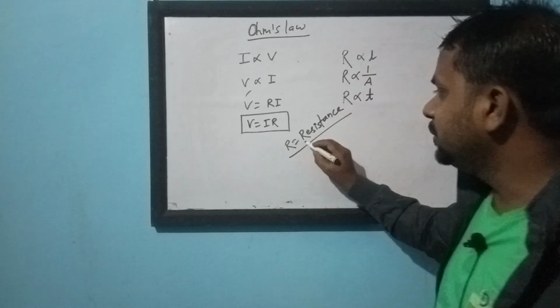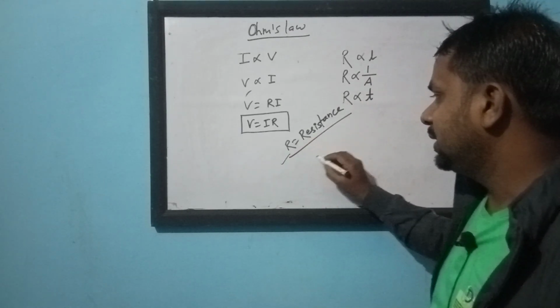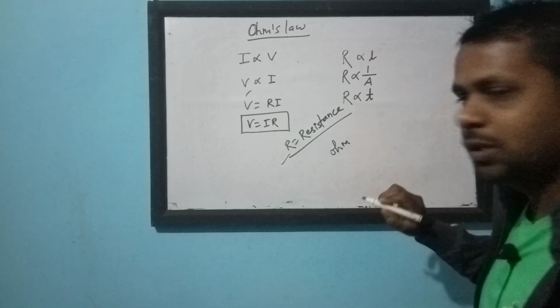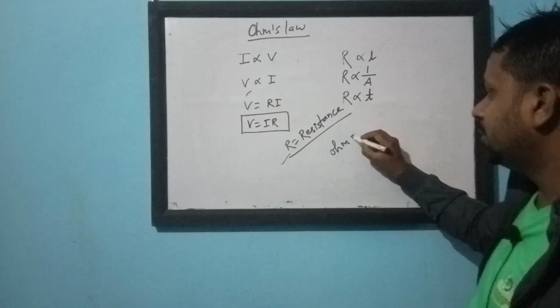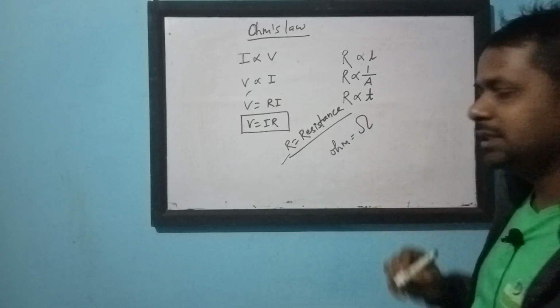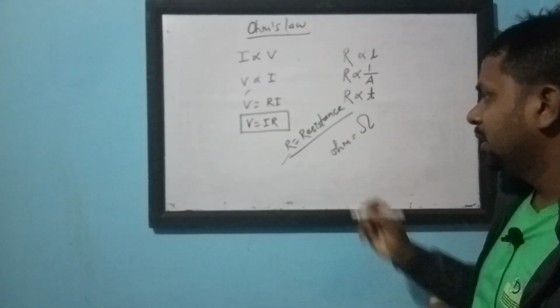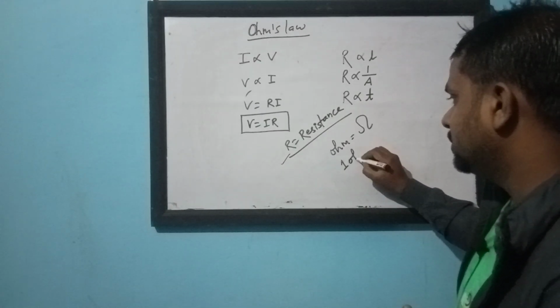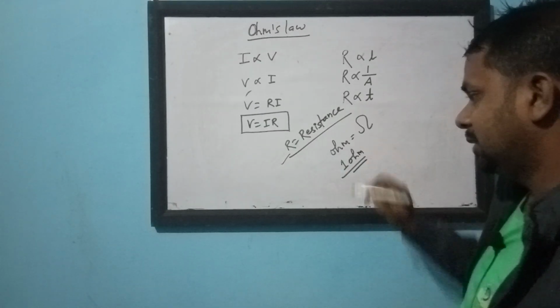The unit of resistance is ohm, and the ohm is also indicated by its symbol like this. Let us try to define 1 ohm. What is 1 ohm? Let us try to understand.